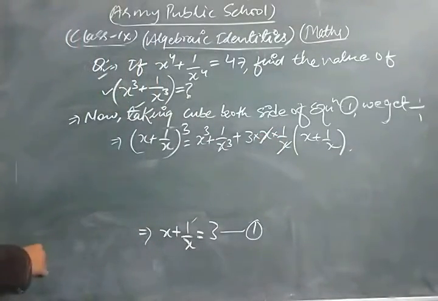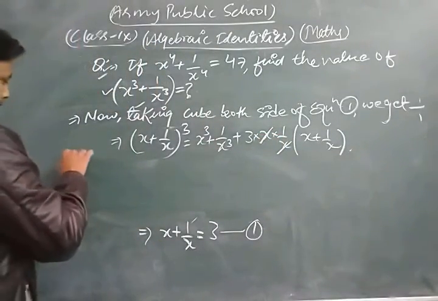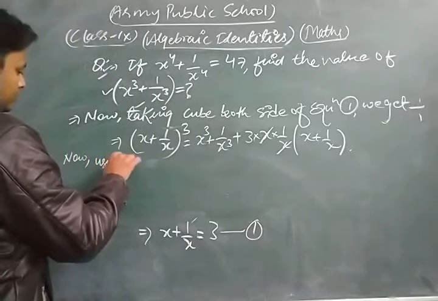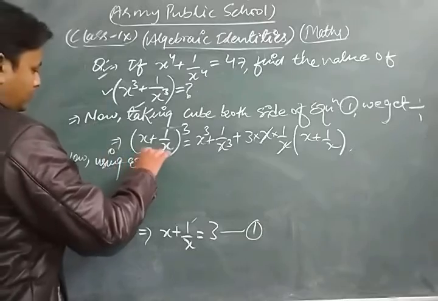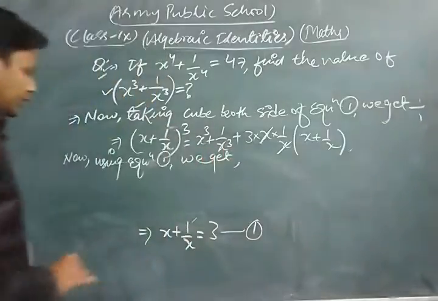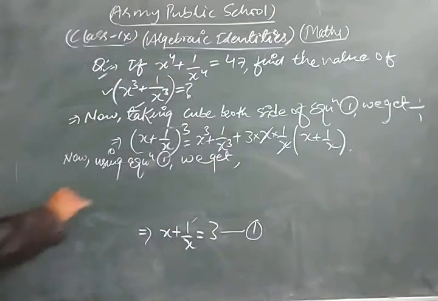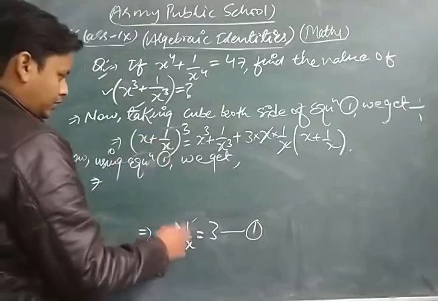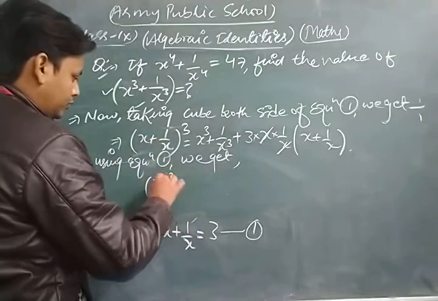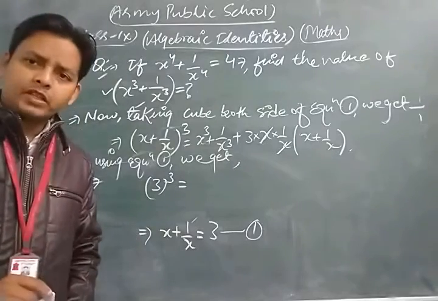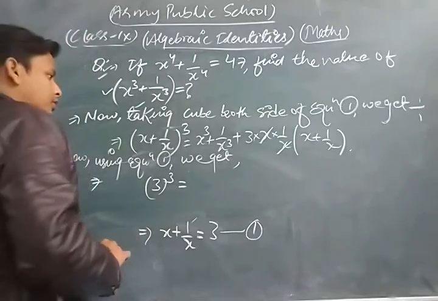Now using equation 1 we get, look, the value of x plus 1 upon x is what, 3. So that is 3 cube is equal to x cube plus 1 upon x cube.